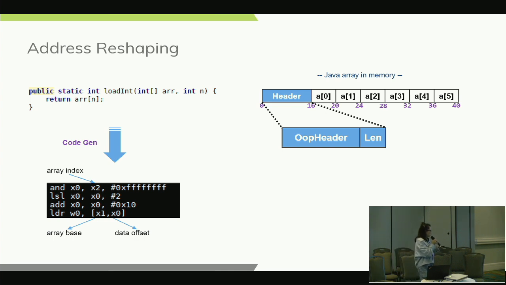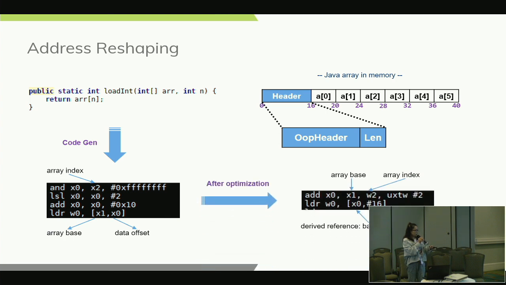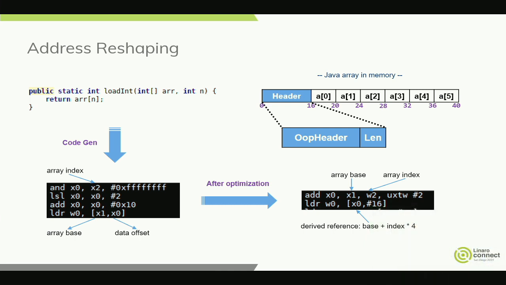So before our optimization, Graal will generate these 4 instructions. After our optimization, we can use an add extended instruction and a load with immediate offset instruction to implement it. We can reduce 2 instructions.